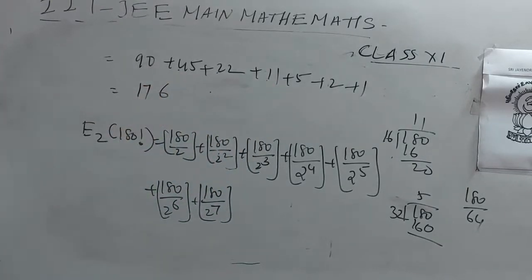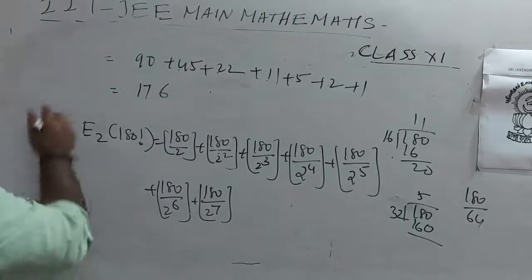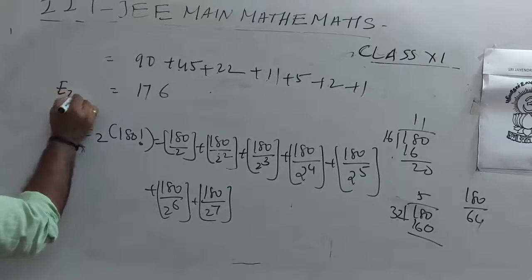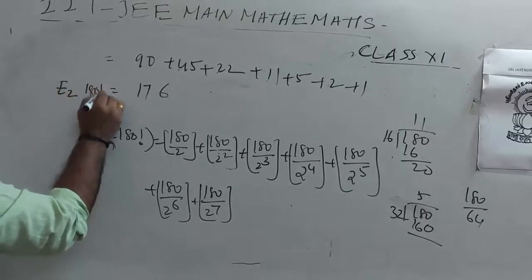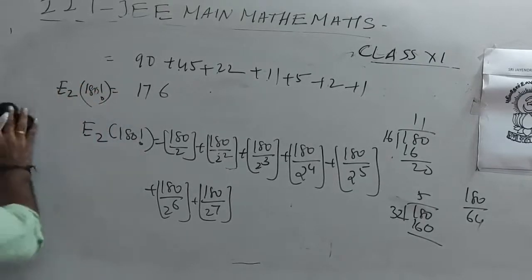The total is 176. So the exponent of 2 in 180 factorial equals 176.